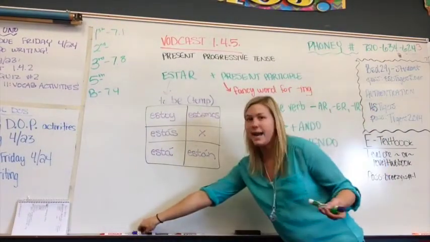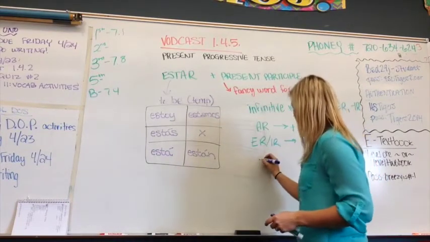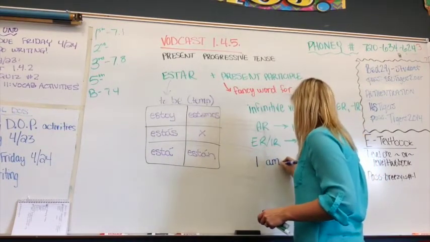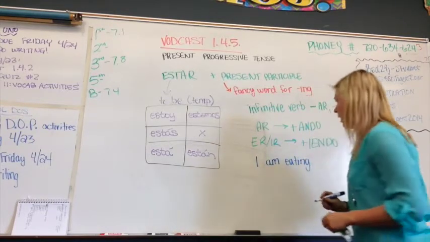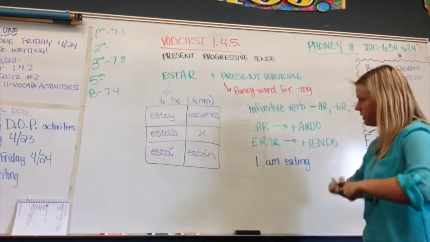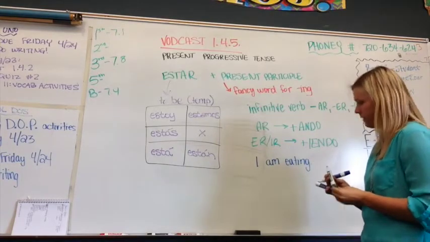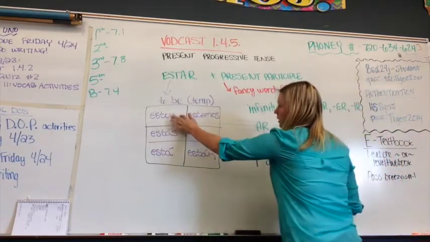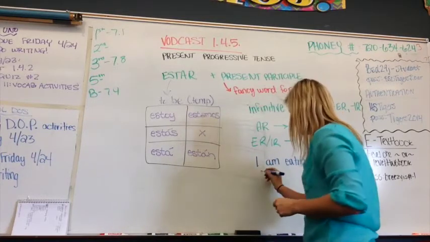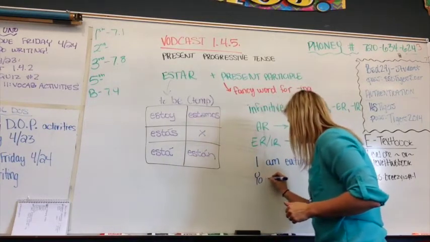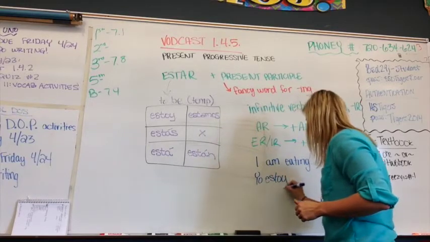So let's take I am eating, the example I've been working with this whole time. In Spanish, the first thing we do is choose our form of estar. Looking at our chart, the yo form is estoy. So the first part of our sentence is yo estoy. I am.